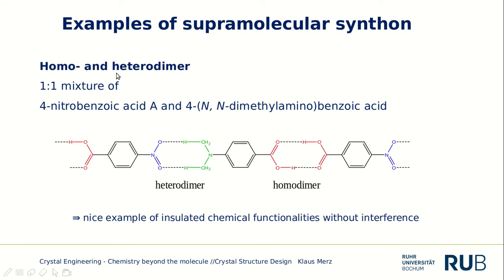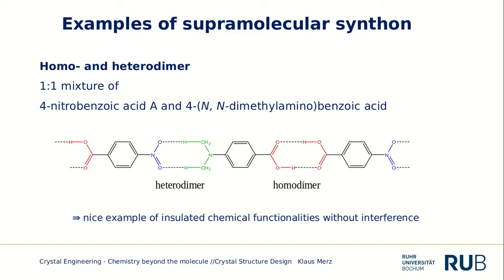This is not a competition. Yes, not a competition between a homo and heterosynthon. And the second thing is that this is a very nice example to show insulated chemical functions. This is only possible because we have a 1,4 position of the substituents.